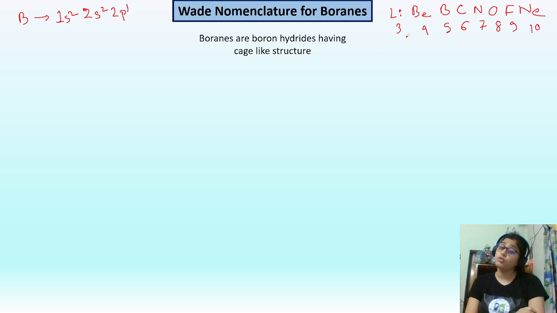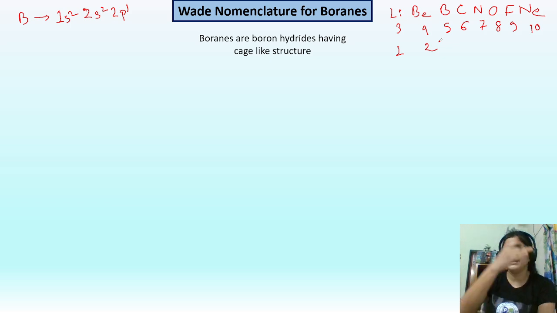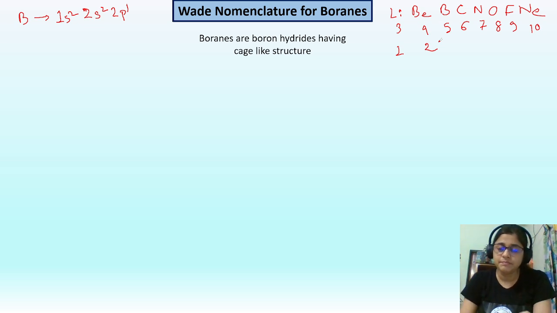Valence electrons will be 1, 2, because the 1s2 electrons are in the lowermost orbital, so they will not be counted in the valence electrons. For boron it will be 3, carbon 4, nitrogen 5, then 6, then 7.